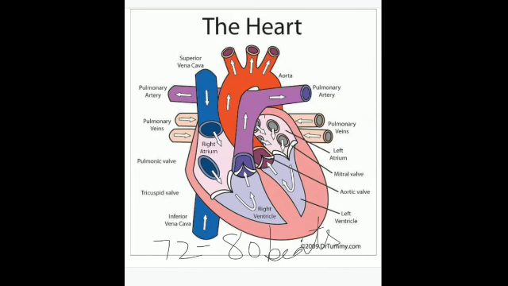Then our heartbeat increases, just because the amount of oxygen needed will be more. And we can hear this heartbeat sound when we place our hand on the left side of our chest. Is that clear?